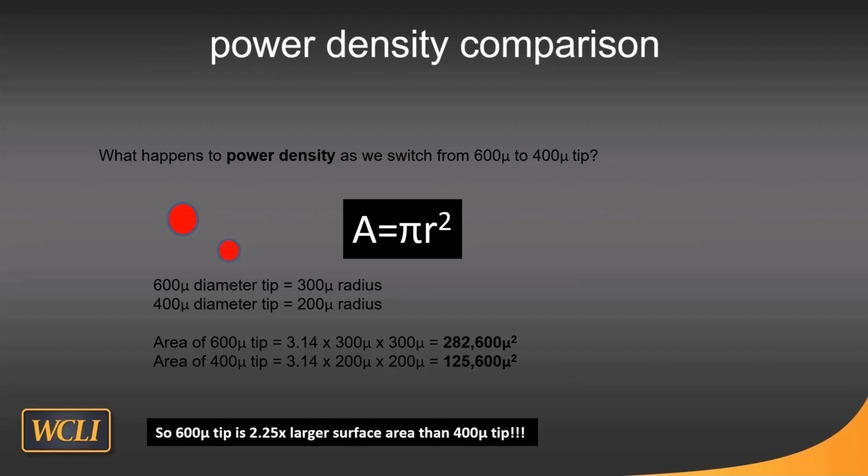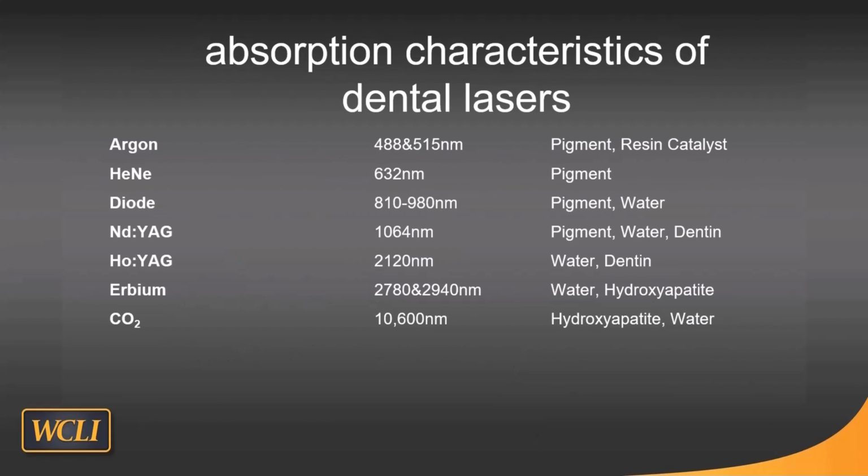And then as we talked about absorption into water and pigment and hydroxyapatite, if we look at an actual chart of active media on the left-hand column, and then the wavelengths associated with that in the middle column, then we can see what types of material these wavelengths are absorbed into on the right-hand column.